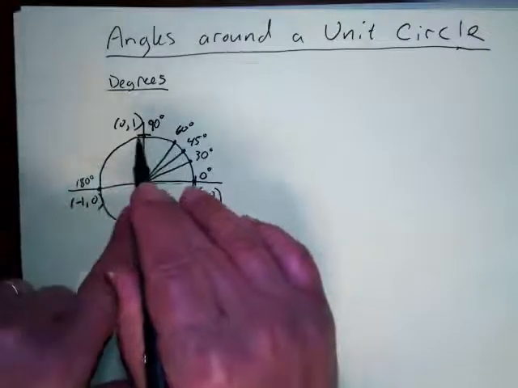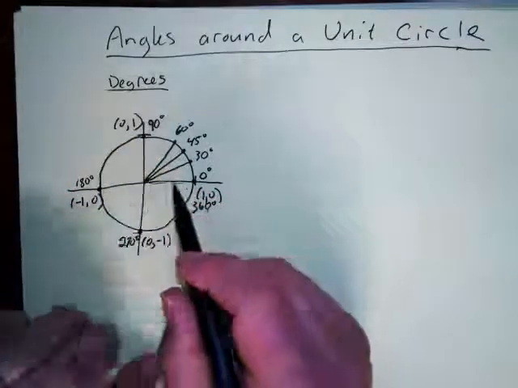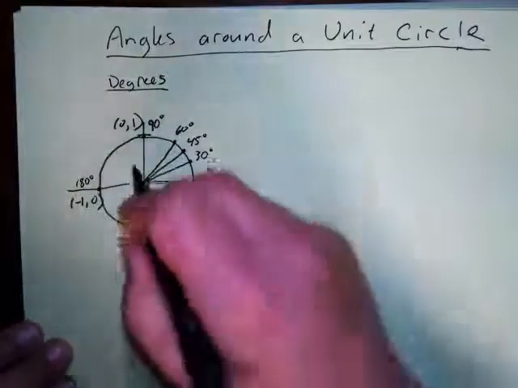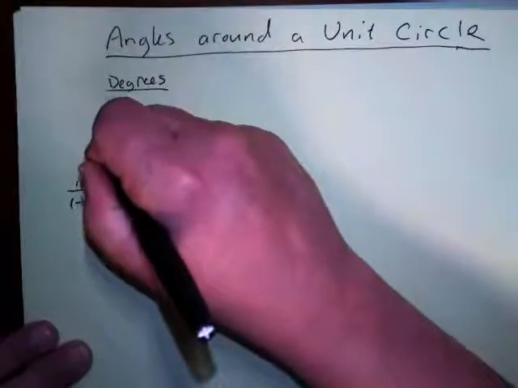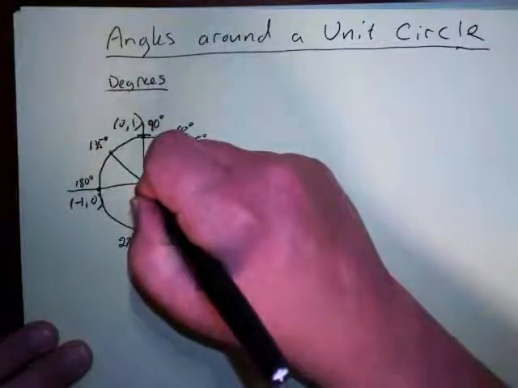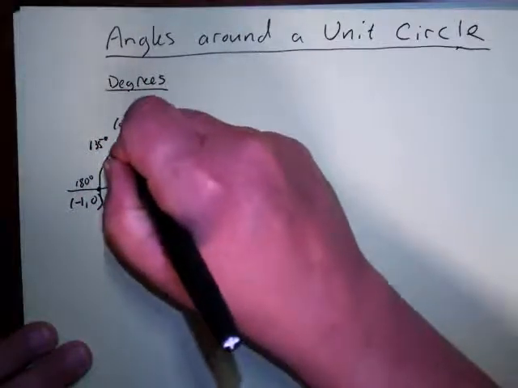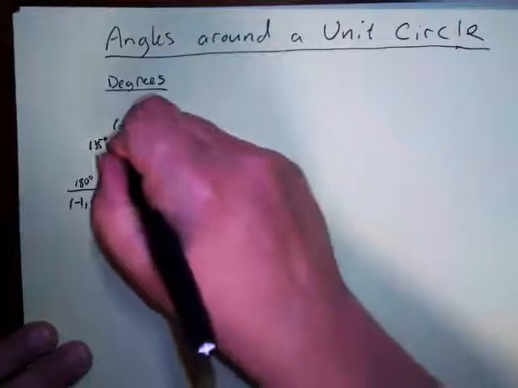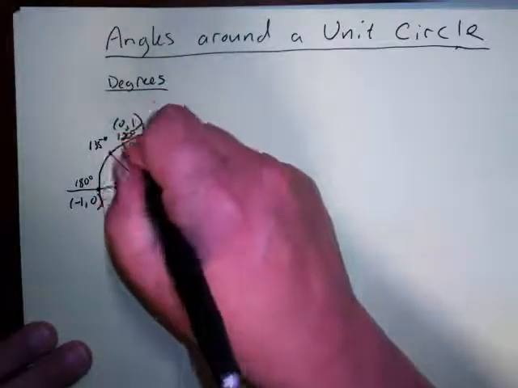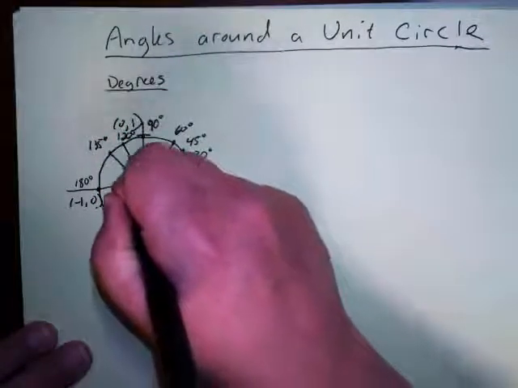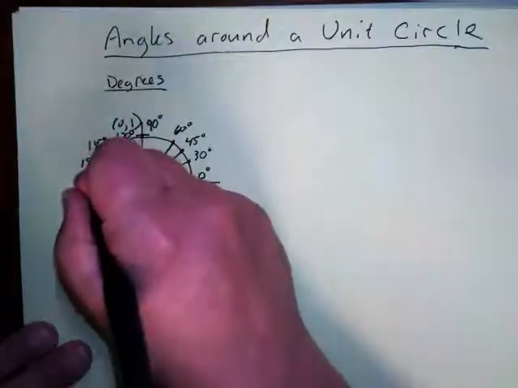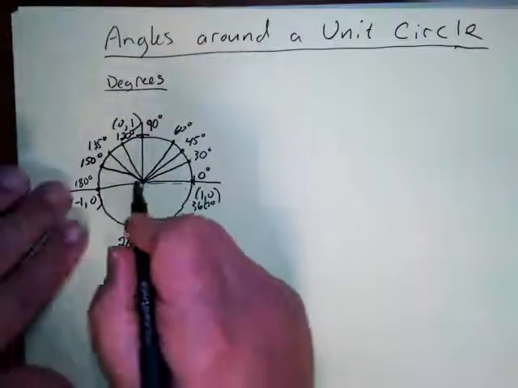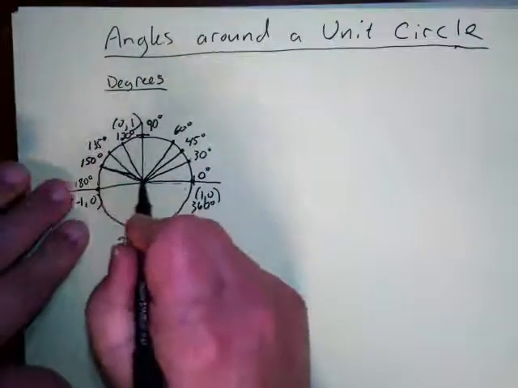This would be 90. And basically you could have these all around. So this would be 135 degrees. This would be like 240 degrees. So this would be 120 degrees. And then this one is kind of like this 30 degree angle, but it's up here, so this is 150 degrees.